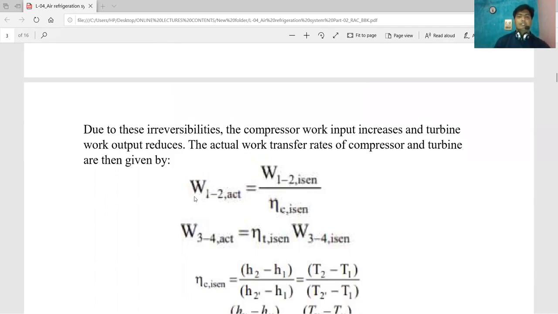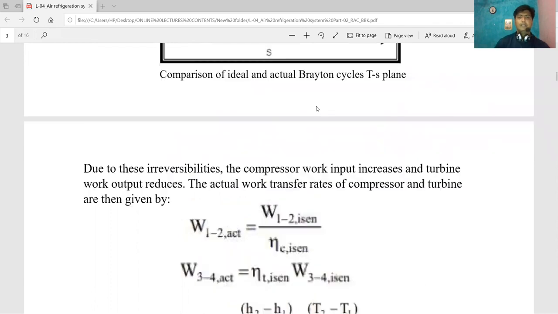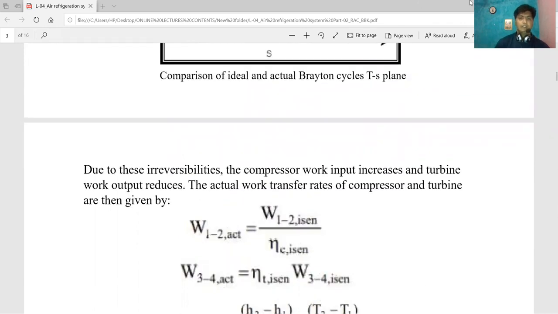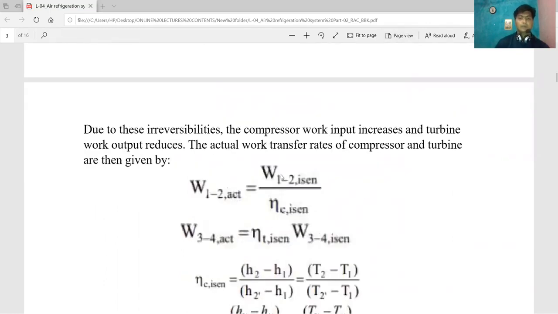The actual work of the compressor is equal to the ideal work of the compressor divided by the efficiency of the compressor, and the actual work of the turbine is equal to the efficiency of the turbine times the ideal work output of the turbine.